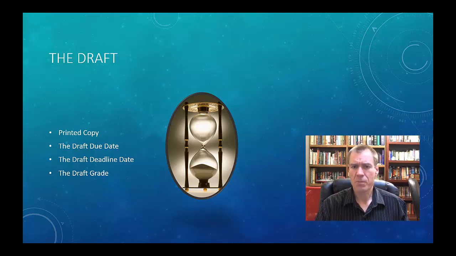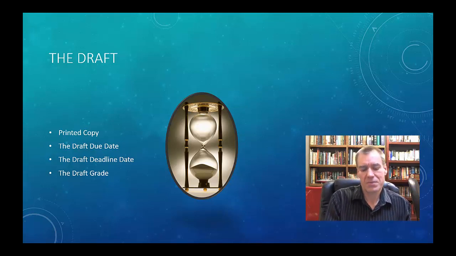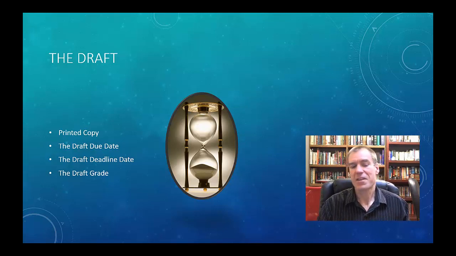And so if you want me to look at a draft, the absolute last time I'd be able to look at it would be the draft deadline date. And that date is typically on the same day as the class that's occurring before the next class in which the paper deadline actually takes place. So for example, if it's in the fall semester and the paper is due, say, on a Wednesday, and I only have office hours, say, on the Monday, then in that case, the deadline would be on that Monday, the end of my office hours.